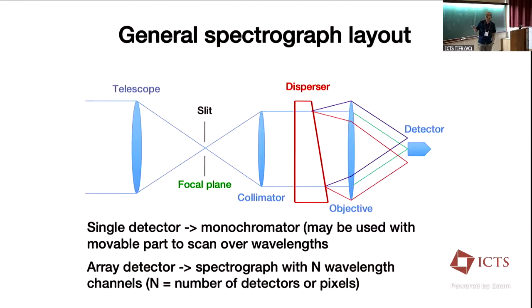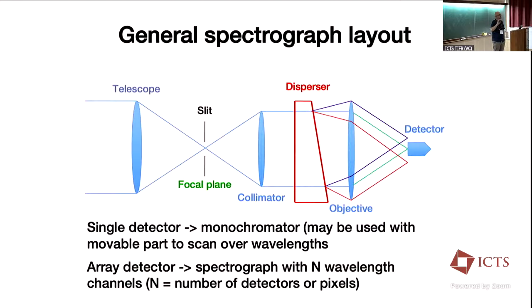Put that in, I focus here, so all beams going in the same direction are focused here in the focal plane, and I get the different wavelengths, one next to the other. I get my spectrum. Now, if I have only one detector and I scan the detector, it's called a monochromator. And if I have several detectors, it's called a spectrograph.